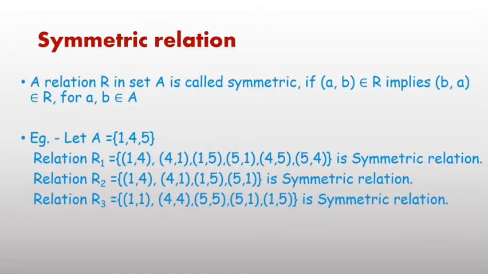Third example, (1, 1), (4, 4), (5, 5), (5, 1), (1, 5), also a symmetric relation, because (1, 1), and if you interchange the elements, again you are getting (1, 1). It implies (a, b) and (b, a) both belong in set containing A cross A.